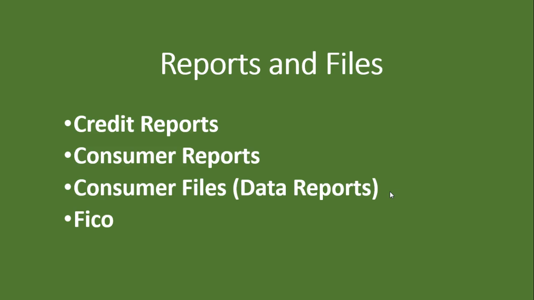It has 5 components that FICO has created as characteristics of the algorithm that they use to determine a score that will give a bank or lending institution a way to mitigate or determine the amount of risk they may have if they approve a loan or decline a loan. That's reports and files.